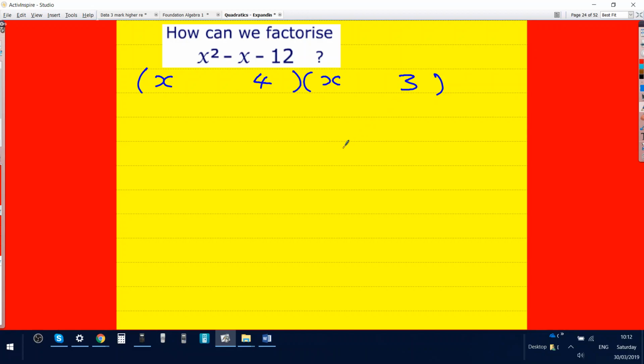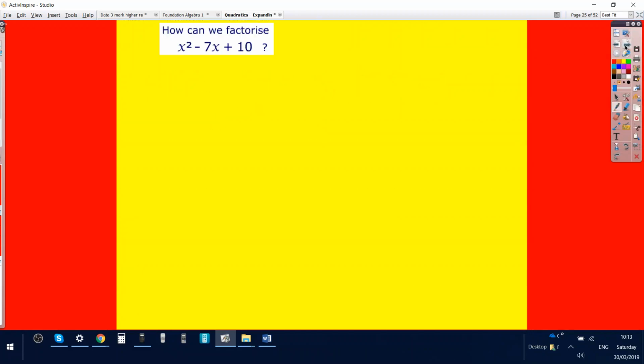So would it be the other way around? Would the 4 and 3 swap round? It makes no difference, 4 times 3, 3 times 4. It's just important what sign is which. So would it be minus 4 plus 3? Yeah, and that's the same as x plus 3 times x minus 4.